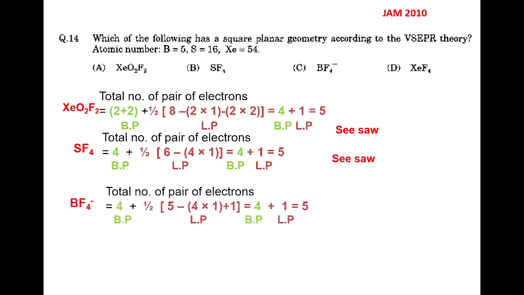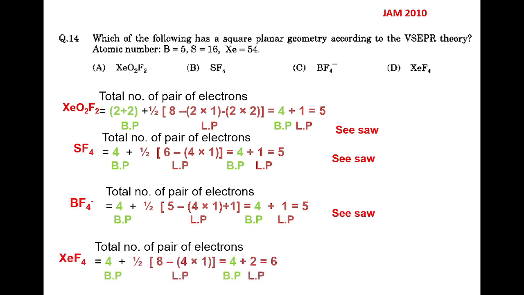In case of BF4 minus, 4 bond pair, 1 lone pair. Again this is seesaw. In case of XeF4, we'll get 4 bond pair, 2 lone pair, so it is square planar. By using the formula and the table given before, we will get the shape of molecules. So here the answer is D.